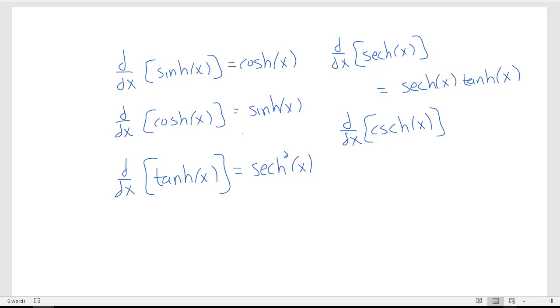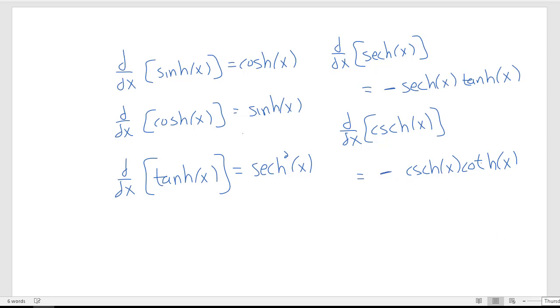Actually, when we differentiate hyperbolic secant, we get a negative. So it's slightly different than what we have for the original trig functions. There's a negative there. When we differentiate hyperbolic cosecant, we also get a negative. The derivative of cosecant was cosecant cotangent, so we get the same thing with hyperbolics, but with a negative.